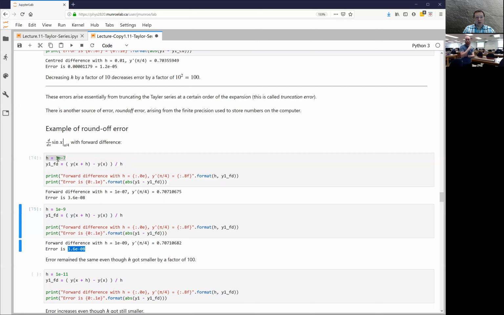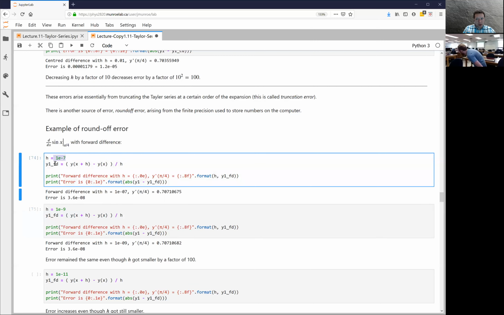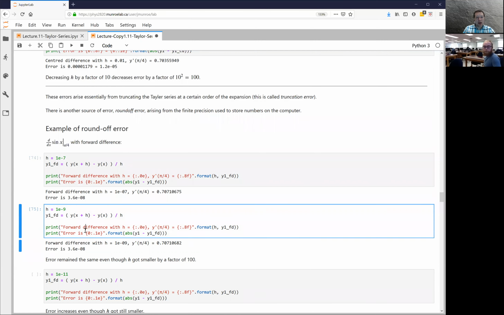Up to this point, as h was 0.1, 0.01, 0.001, the error was reducing by a factor of 10 every time we reduce h by a factor of 10. But once you get h small enough that the finite precision of the computer starts to interact with it, you stop getting any benefit.